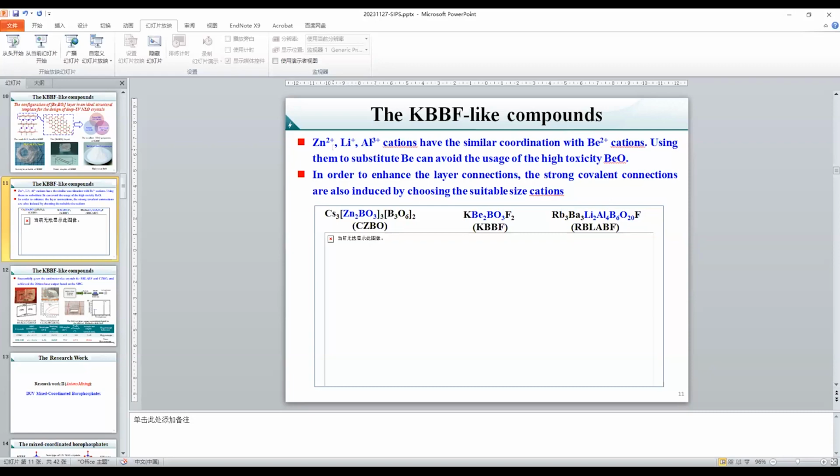So we want to use these ions to substitute the beryllium to avoid the usage of highly toxic beryllium oxide. And in order to enhance the layer connection, we choose suitable size ions to induce covalent bonds to develop the layered KBBF into a three-dimensional framework.